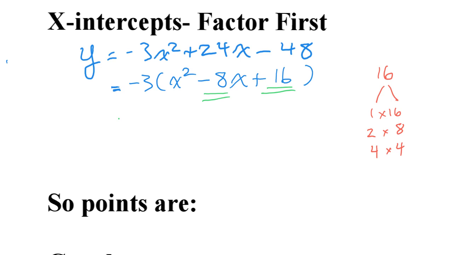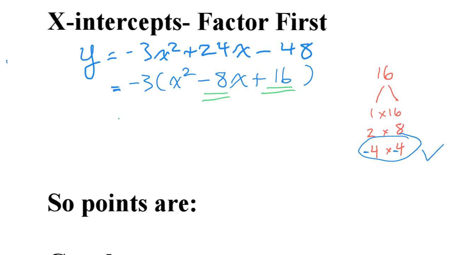The big hint is the fact that I have negative 8 at the end. Negative 8 tells us that we need two negative numbers in order for this to work. With a little bit of luck, you'll find out that 4 and 4 work, but more importantly, negative 4 and negative 4 work for the addition to negative 8. Negative 4 plus negative 4 is negative 8, so we're going to use that.